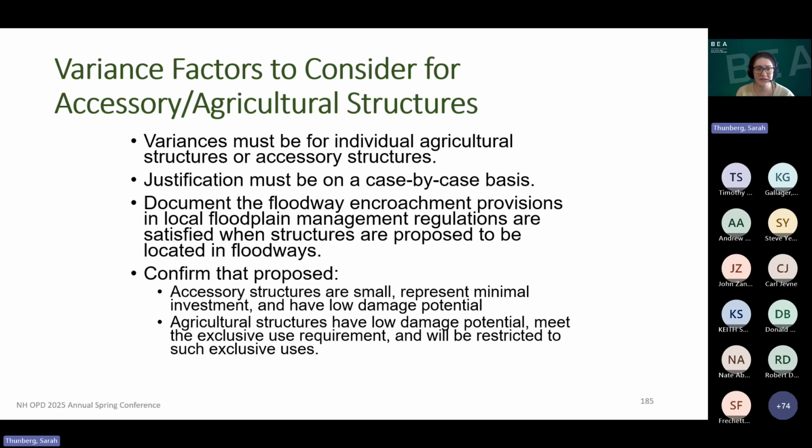You also want to document the floodway encroachment provisions in the local floodplain management regulations, and make sure that those are satisfied when structures are proposed to be in the floodways. You want to check to make sure that if you are planning to build in the floodway, that you are in a community that allows floodway development.